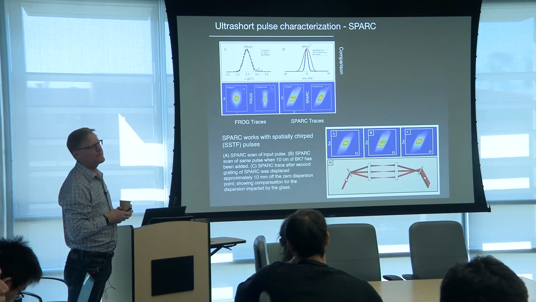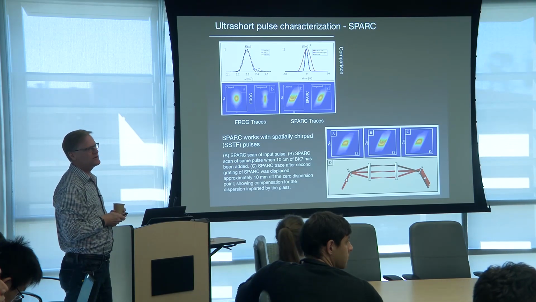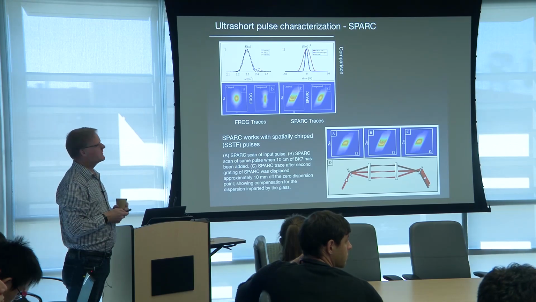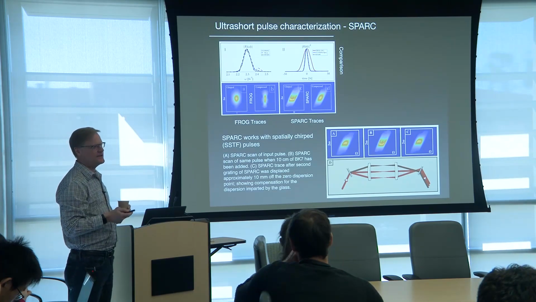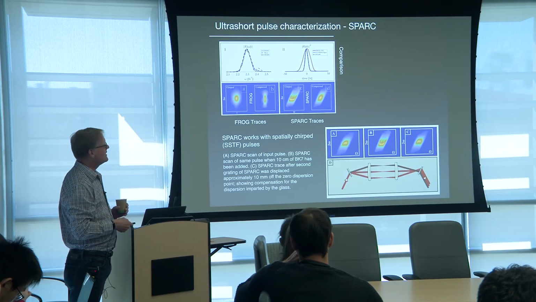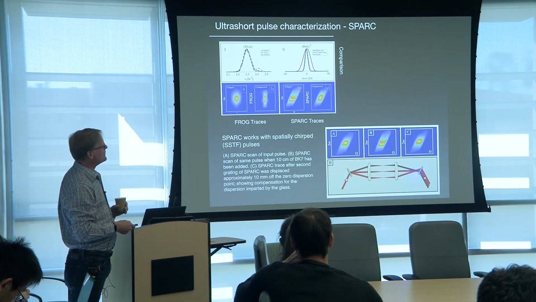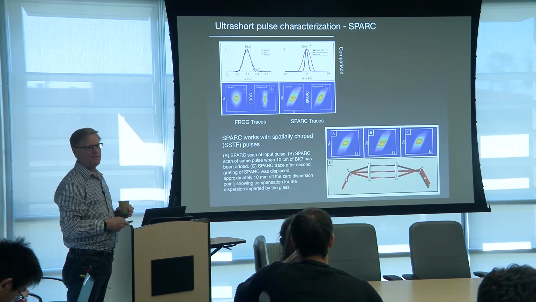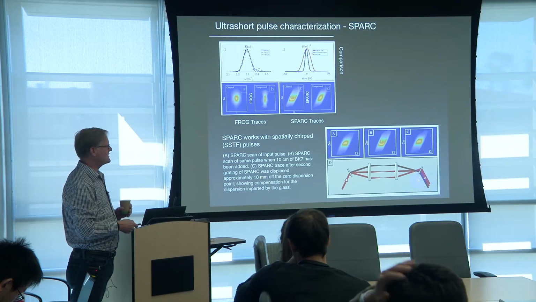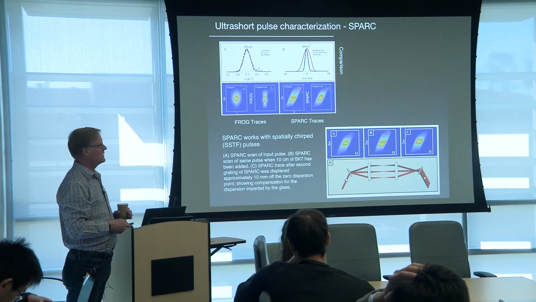Just a question, is spatial chirp information in there, or is it a problem? Yeah, it's a great question, because I think it gets down to right here. As soon as we move that grating off of zero dispersion, we end up with a beam that is spatially chirped.